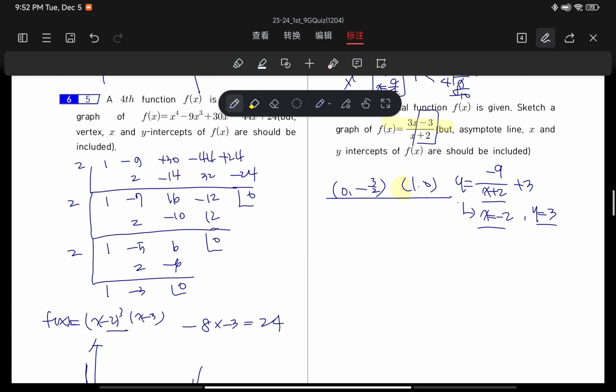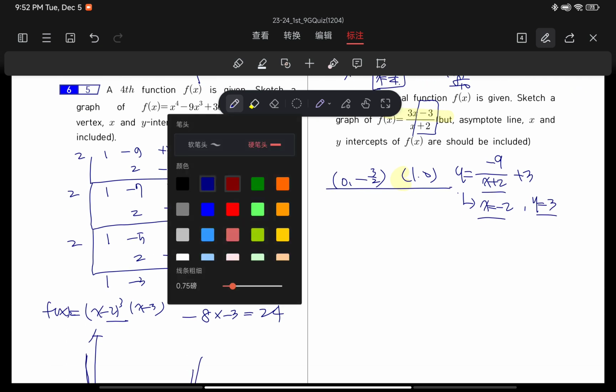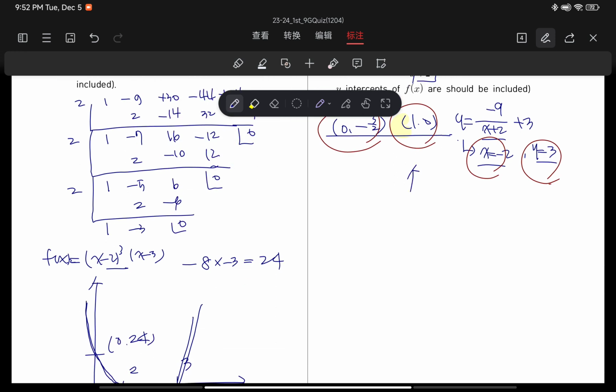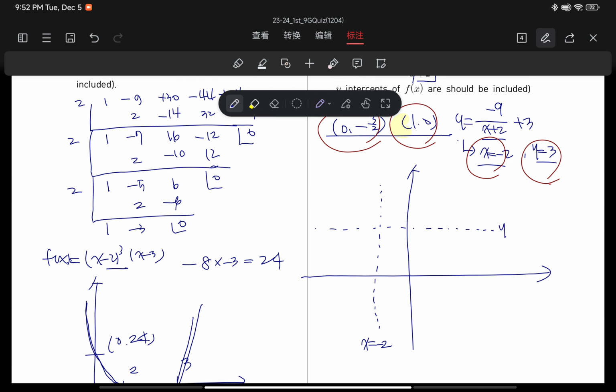Okay, so that's the four pieces of information we want: 2 intercepts and 2 asymptotes. Here is the y-axis, here is the x-axis, here is x equal to minus 2, here is the y equals 3 asymptote, and the point 0, minus 3 over 2, and here is 1 comma 0.